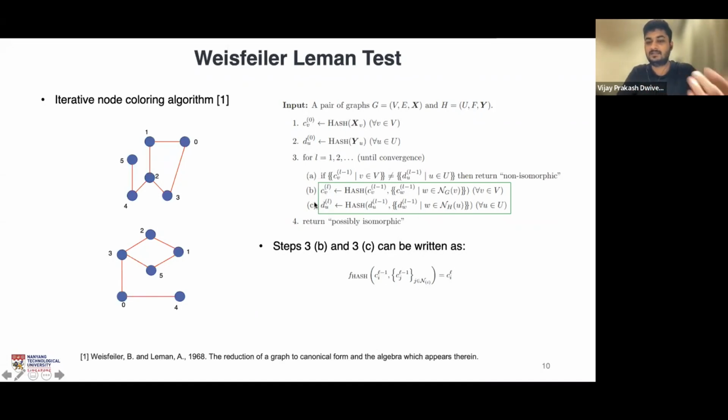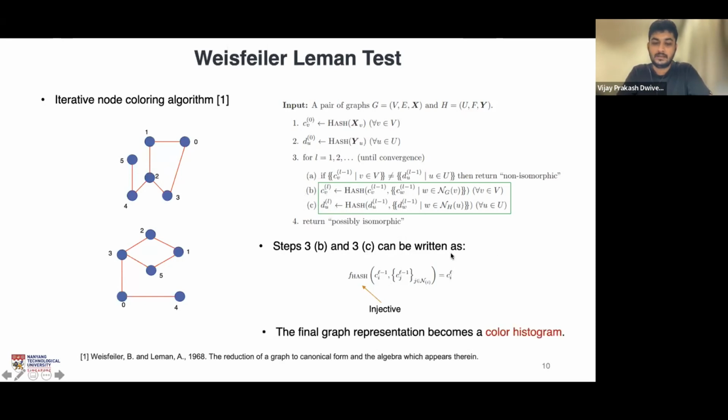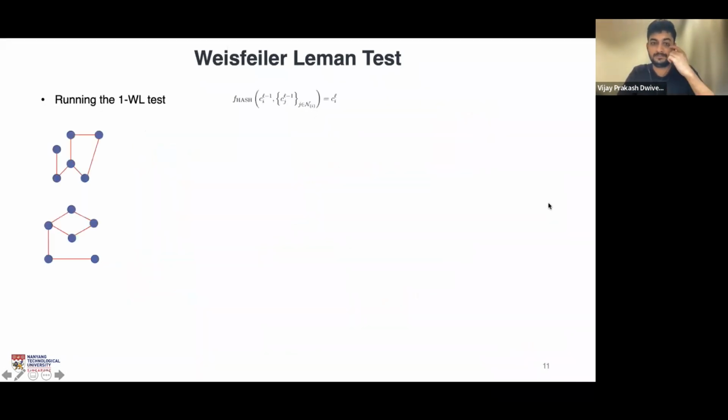In 3b and 3c, it's done for both graphs. It's injective, meaning that for every distinct combination of Ci and Cj, it must output a different mapping. The final color representation, the multiset, becomes a color histogram that is compared to determine if two graphs are not isomorphic. If they are different, then they are not isomorphic.